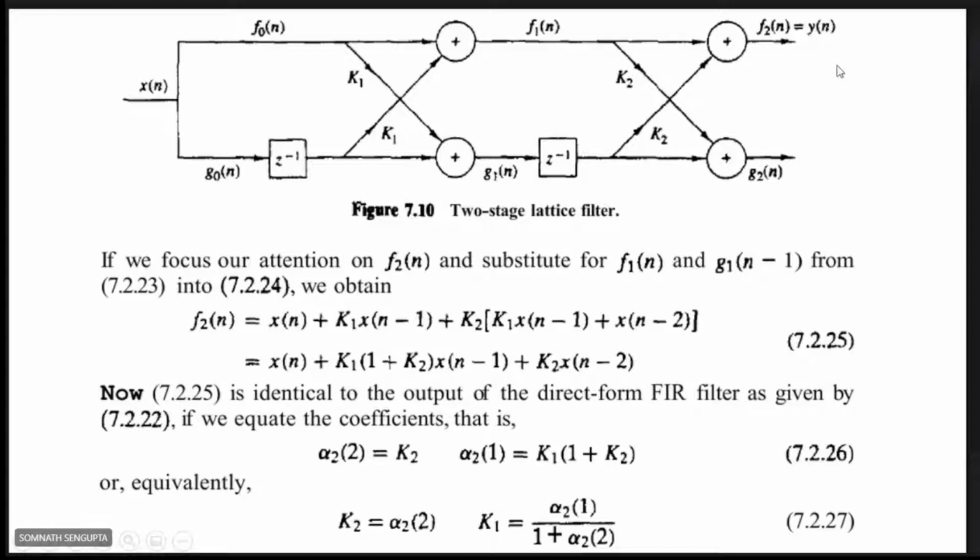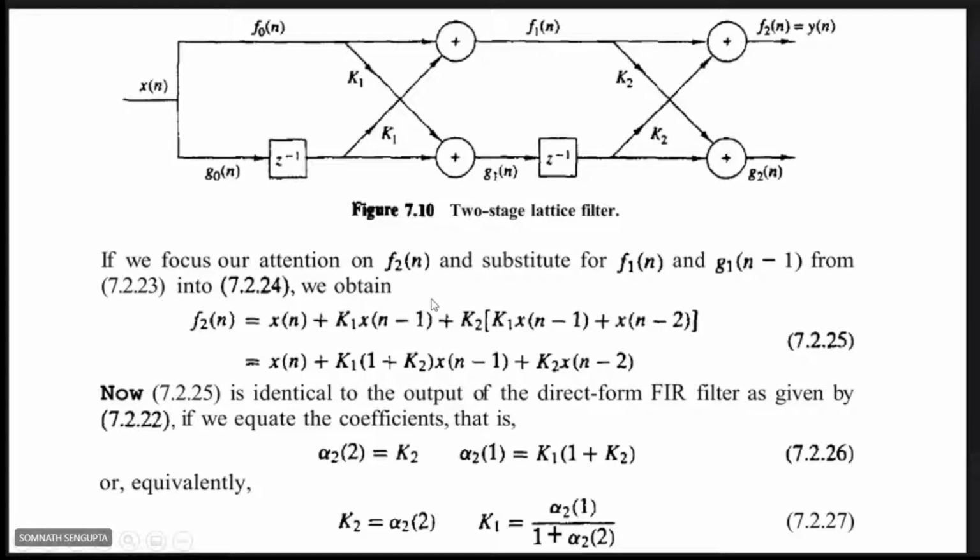Now what is the final expression? You can see from the diagram that F2n is a sum of F1n plus k2 into G1n minus 1. Okay.